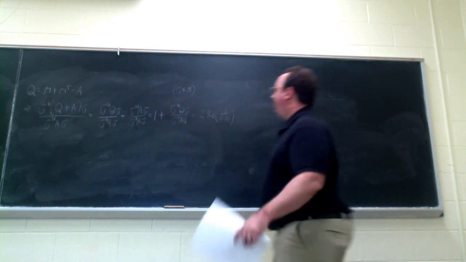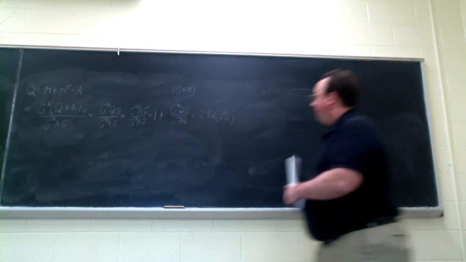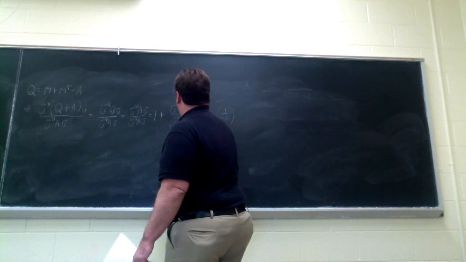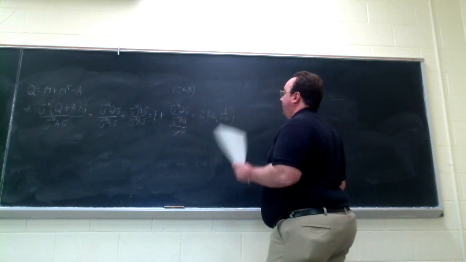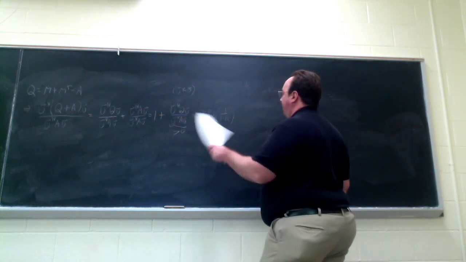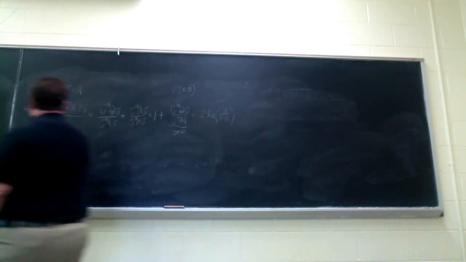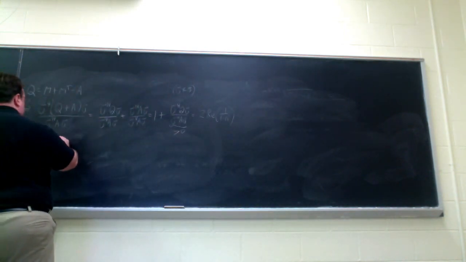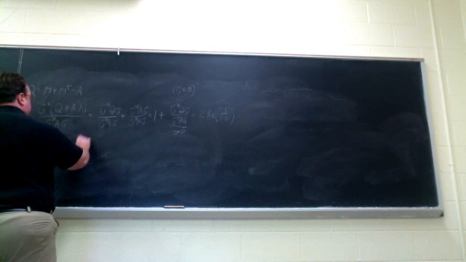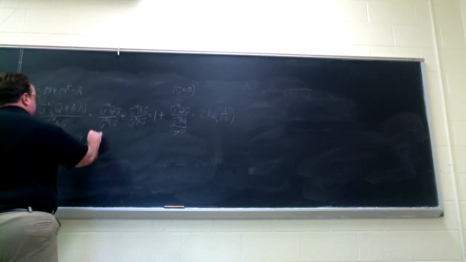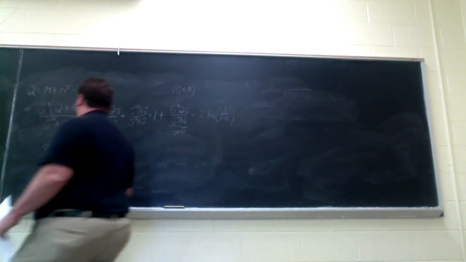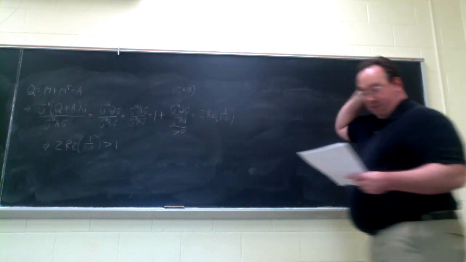Eigenvectors are always non-zero, so that's positive. So now what that tells us is finally we can get down to a statement involving only lambda. So twice the real part of 1 over 1 minus lambda has to be greater than 1.